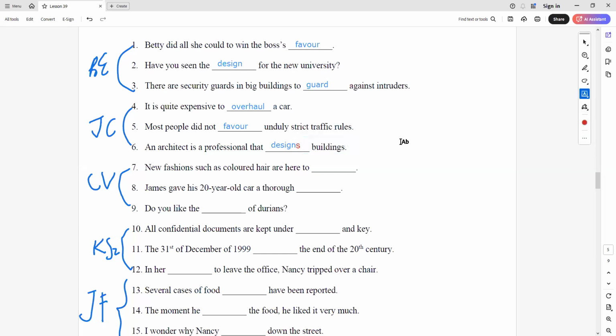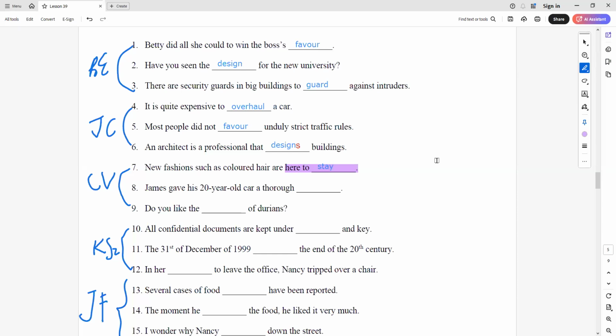Okay, then we come to Chalvis. New fashions such as colored hair are here to design. Here to stay, highlight here to stay. 什么叫 here to stay 呢？Here to stay 的话，它是一句 idioms 来的哦。Here to stay means become popular, become very usual, okay?